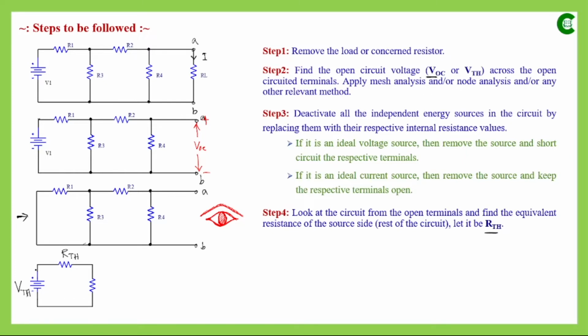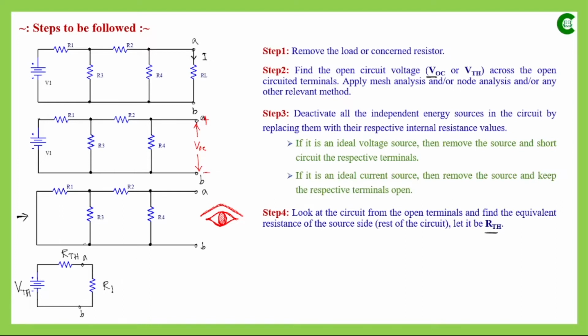With this voltage source, the equivalent resistance RTH, calculated in step 4, will be connected in series. After connecting VTH and RTH in series between these two terminals, we will connect back the load resistor that we removed in step 1.